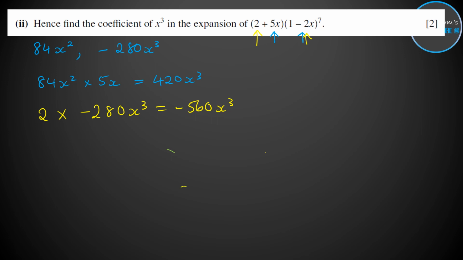So then the coefficient of x cubed in that full expansion will be 420 plus minus 560. So our final coefficient for x cubed is minus 140.